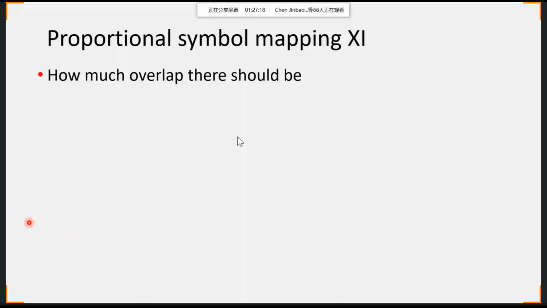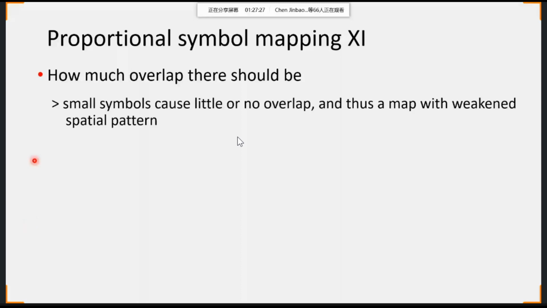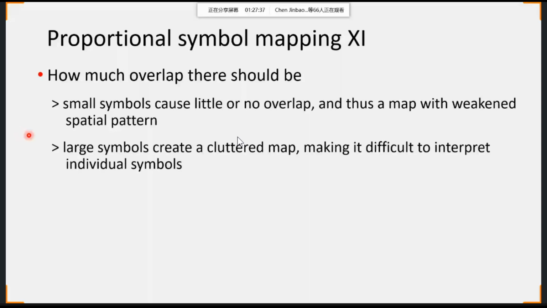Another question with proportional symbol maps is how much overlap there should be between the symbols. Small symbols cause little or no overlap, and thus the map has a weakened spatial pattern. Large symbols, on the other hand, create a cluttered map, making it difficult to interpret individual symbols.